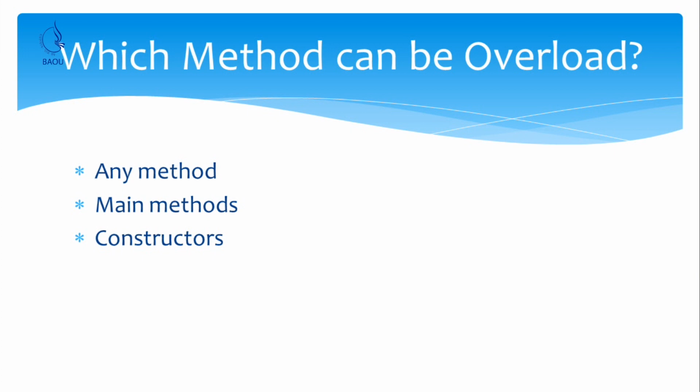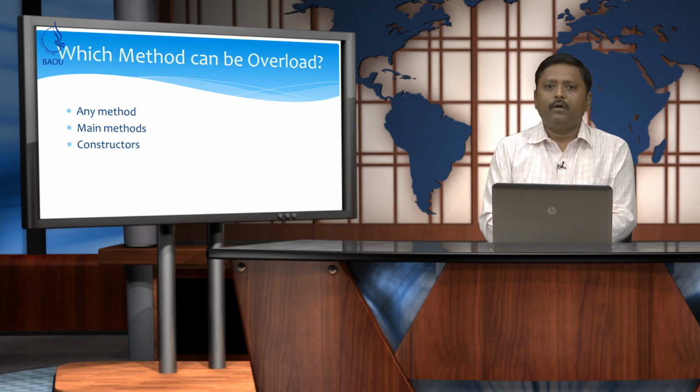Now, we have different types of methods available in Java. So, which methods can be overloaded? As mentioned earlier, if a method has a different parameter number or type, then we can overload any method. Now, we consider two special types of method. One is the constructor. In the previous lecture, we discussed that we can overload a constructor to initialize data of a class.